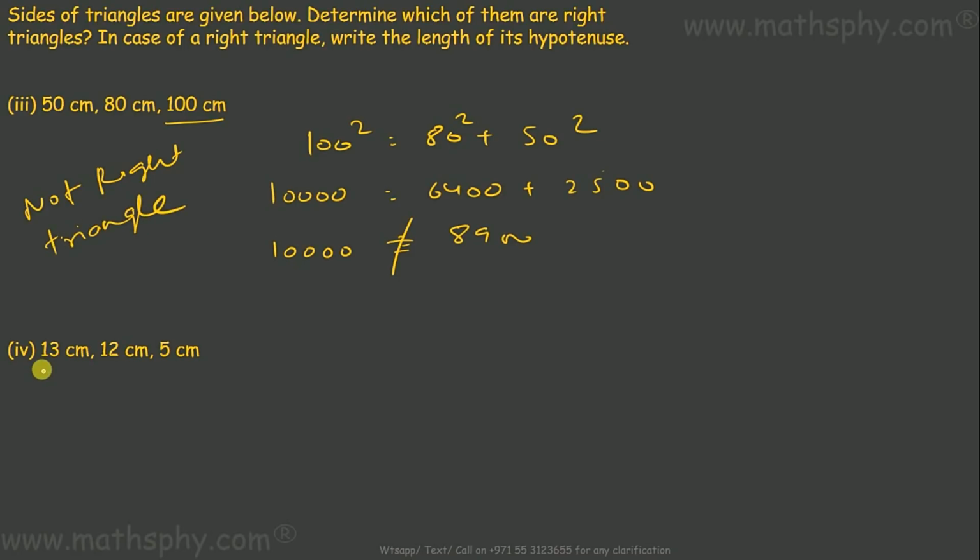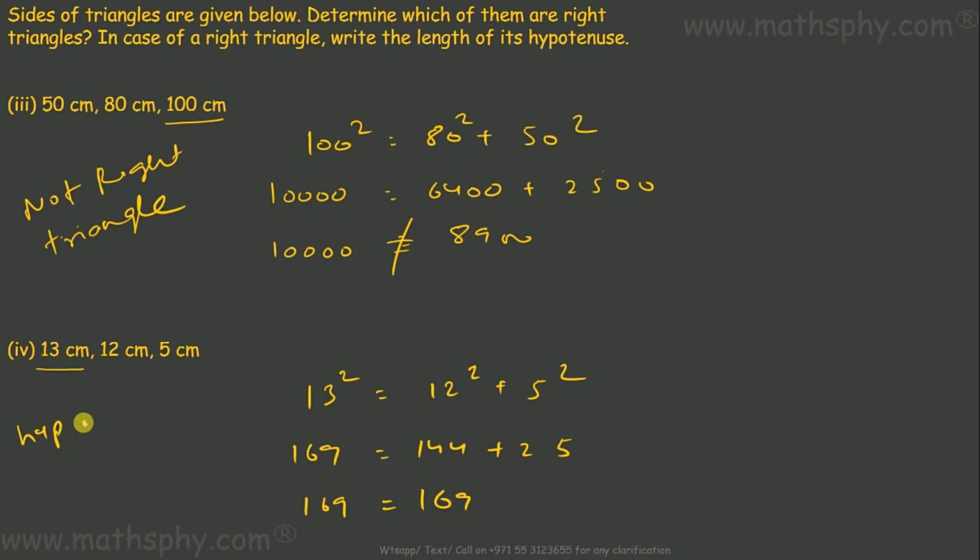This one here, this is the longest side. This is 169 equals 144 plus 25. So here 169 is equal to 169. So this is a right triangle, which means hypotenuse is 30 centimeters. Alright.